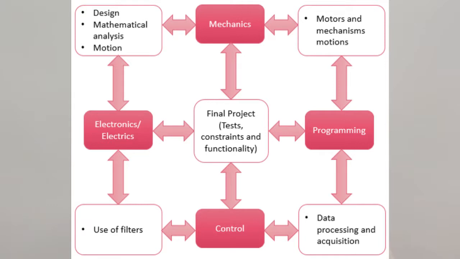In mechanical and programming areas, we'll work together to make sure the movements of the motors and the mechanisms are being done right. And the control and programming areas will work together for the data acquisition and processing.